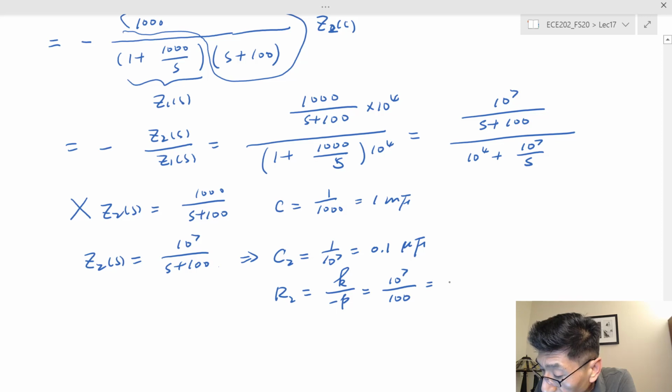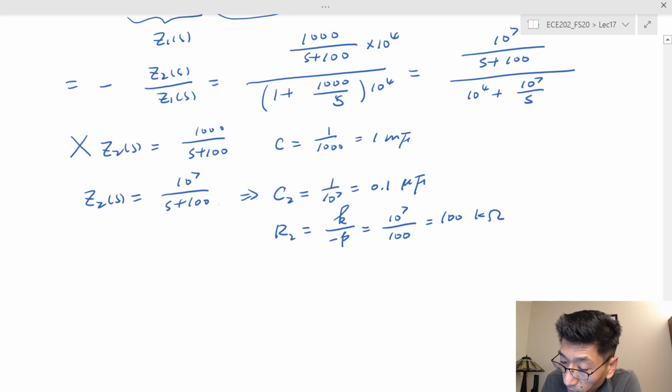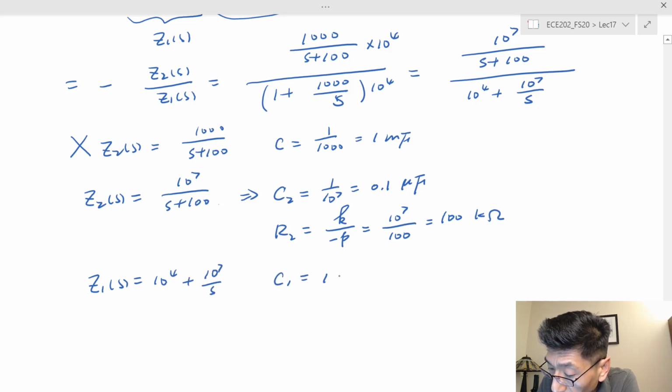Therefore, this is 10 to the power 5th, so that's 100 kilo ohms. And for Z1, that's equal to 10 to the power 4th plus 10 to the power 7th over s. So C1 is going to be 0.1 microfarad as well. And R1 is going to be equal to 10 to the power 4th, which is 10 kilo ohms.